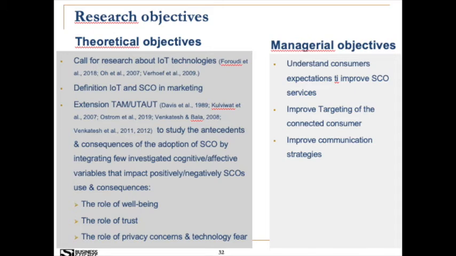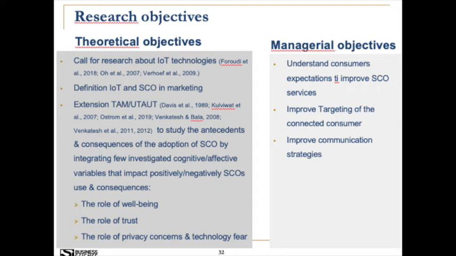We extended the TAM and the UTAUT models by studying antecedents and consequences of the adoption of smart connected objects, such as the role of well-being, the role of trust, the role of privacy concerns and technology fear. And from the managerial point of view, we contribute to the understanding of consumers' expectations to improve smart connected object services, but also to improve targeting of the connected consumers, and finally to improve communication strategies.